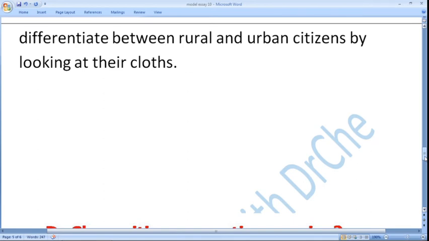And how are people of rural areas and cities different? Let us give an example.